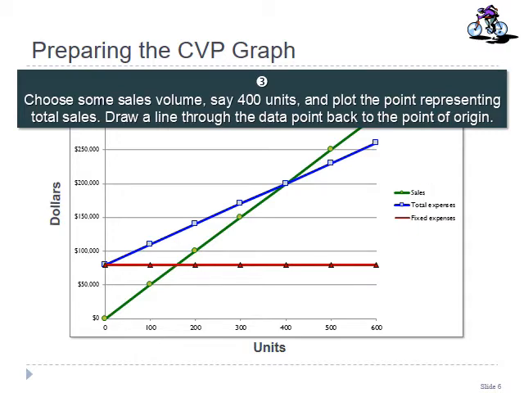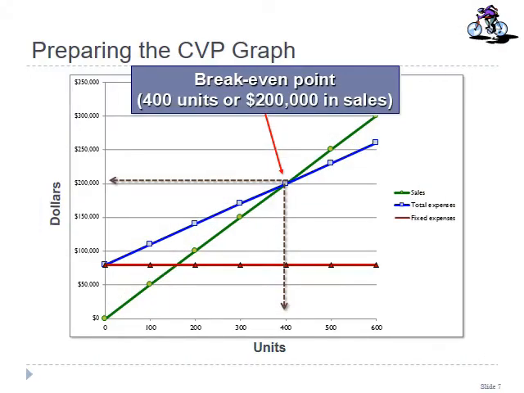Did you notice one thing here? Total sales crosses the total expenses at this point. So if you want to find break-even through graphical analysis, you need to find the point where the sales graph cuts the total expenses graph.